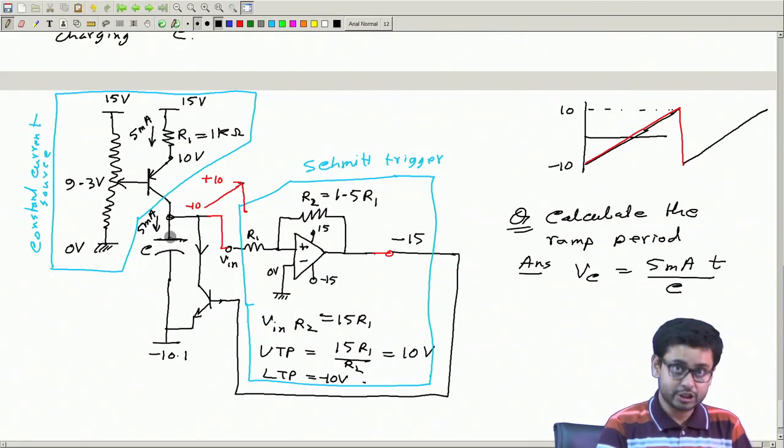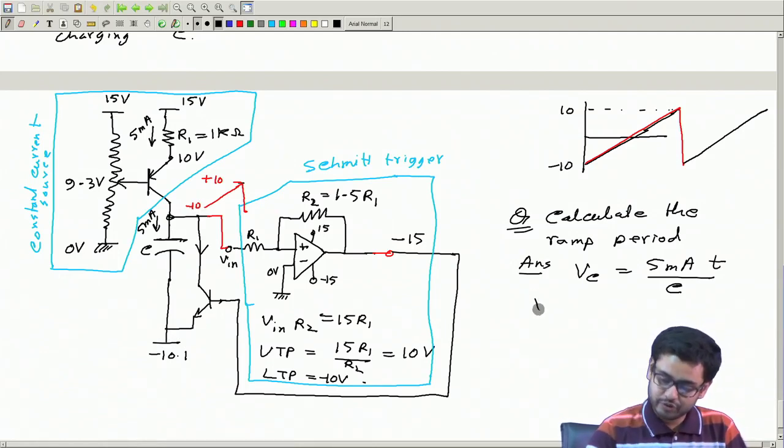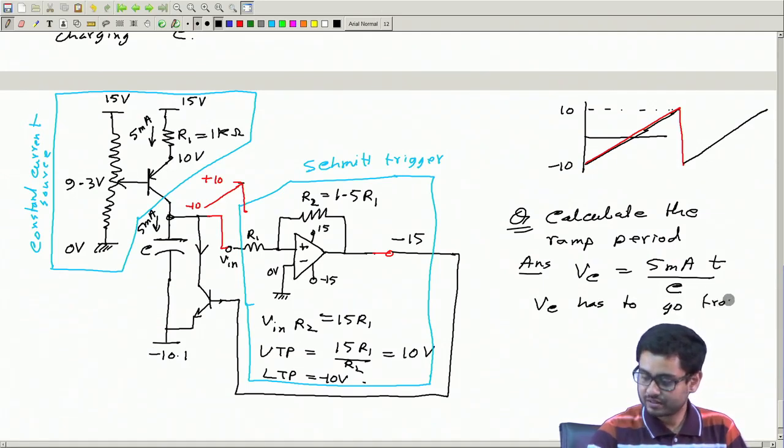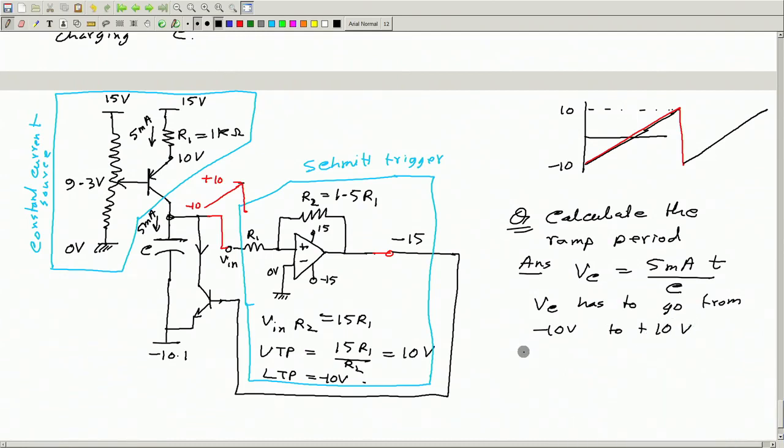Vc has to go from -10 volt to +10 volt, which means if this is my time period T, in this period the total change is 20 volt.